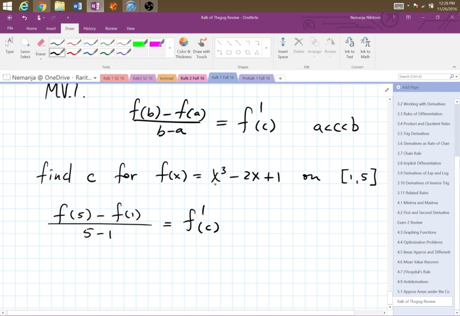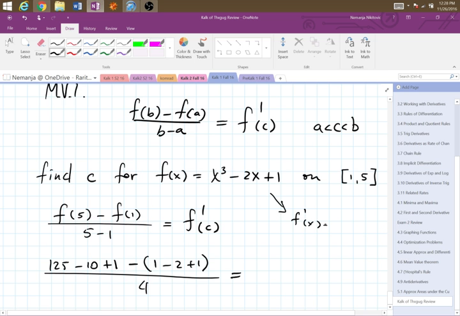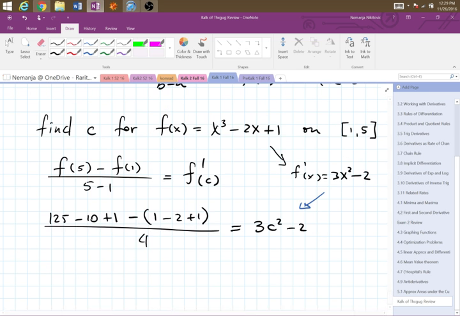So f of 5 is when you plug in 5, so 125 minus 10 plus 1 minus everything computed at 1, which is 1 minus 2 plus 1, divided by 4, needs to be equal to the derivative, which is 3x squared minus 2, but we have to write it as 3c squared minus 2 because we are plugging c into the derivative. So now we just compute. It's 116.